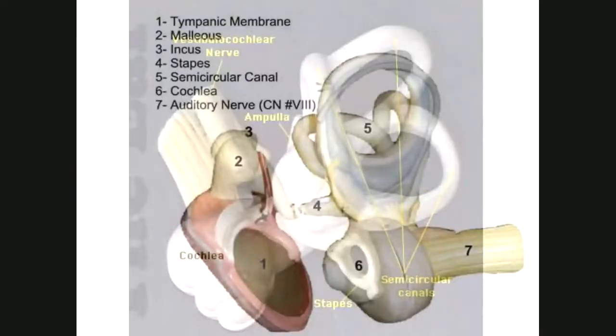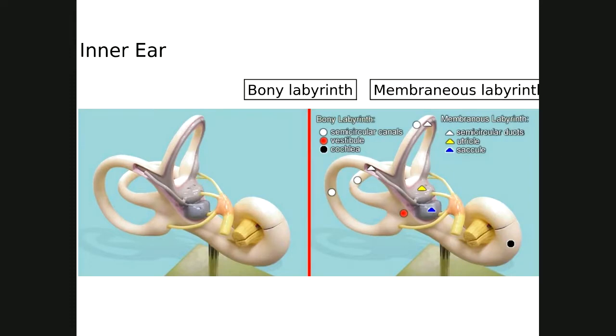Another thing, when you look inside the vestibule, it's separated into two chambers. So even though it's all still membranous labyrinth, they're separated into different spaces. These two spaces, here they are here.